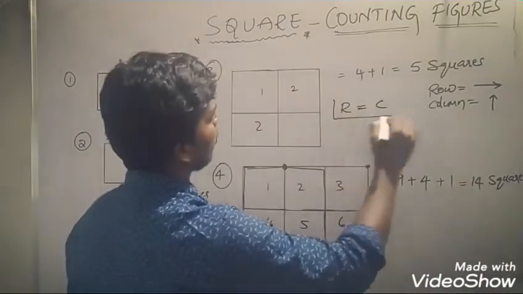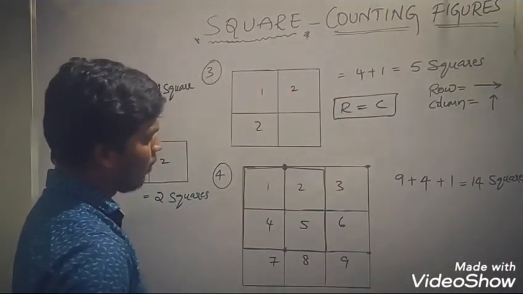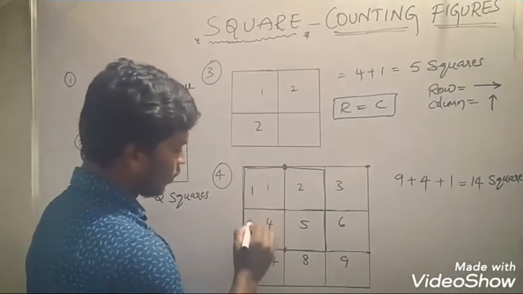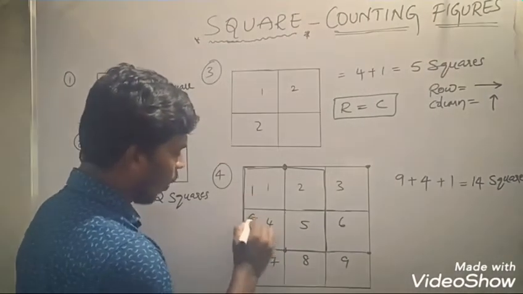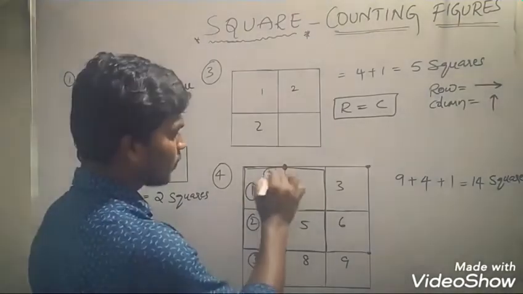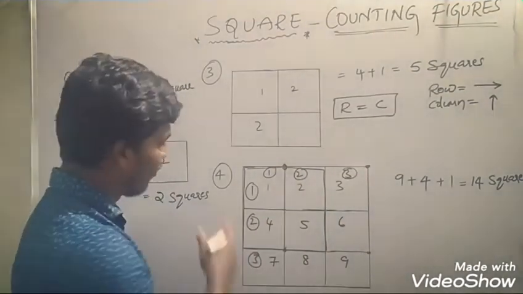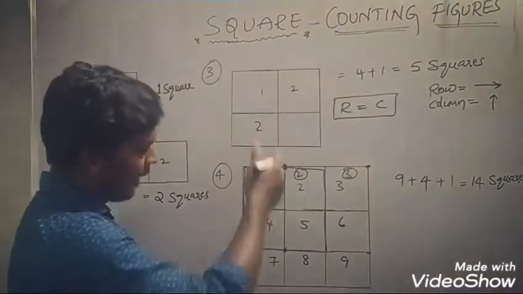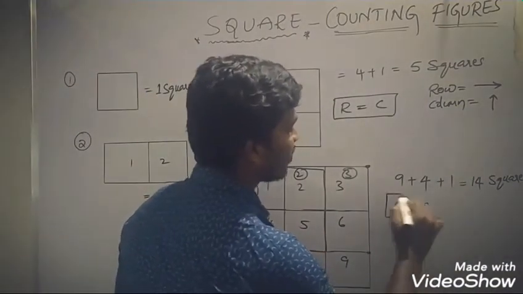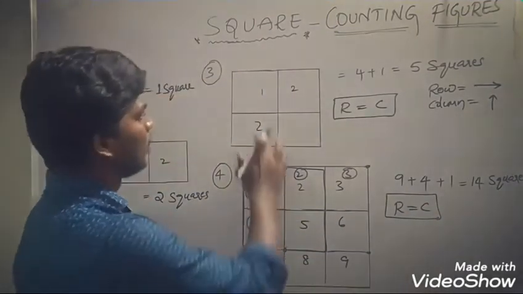In figure number 4, we have 1, 2, 3, so 3 rows, and 1, 2, 3, so 3 columns. So in figure number 4 also, rows and columns are equal.